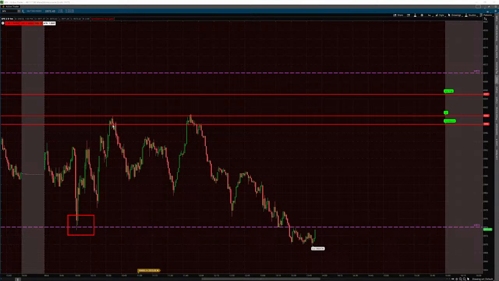Then the 4,000 level, this combo 3998, and especially the 4,000 level was a resistance. Those are the levels in play for today. All right, let's go to Bookmap now.